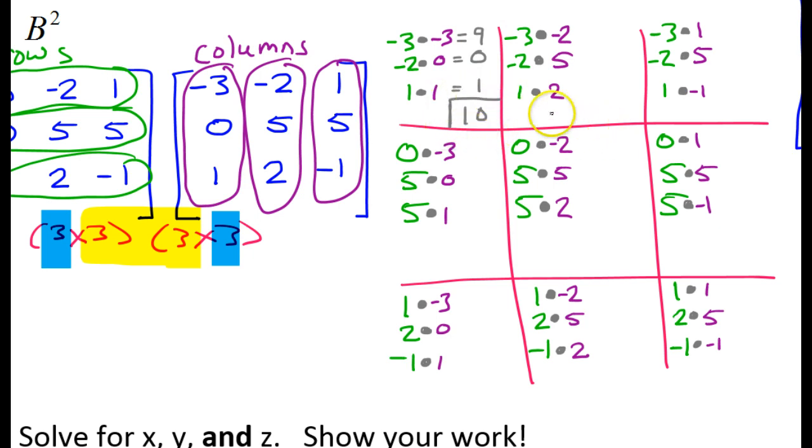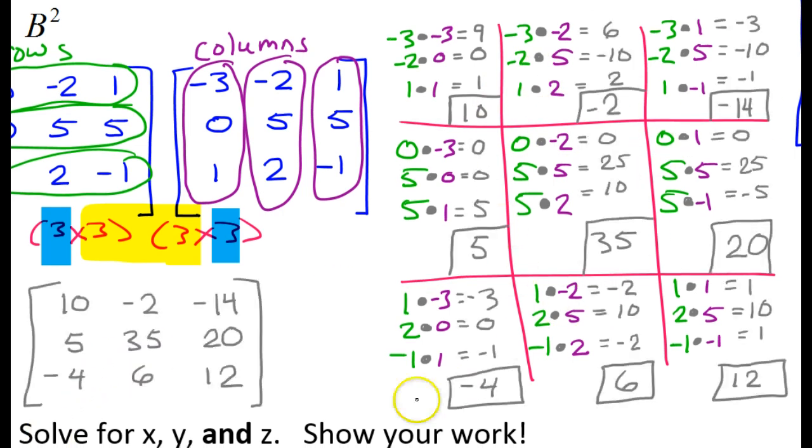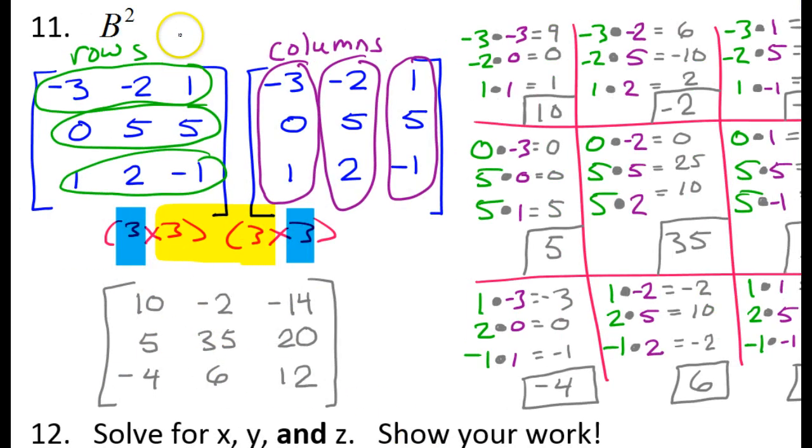So I'll do the same thing with the rest of these. As you can see, these are the rest of the answers that I got. And these numbers in the boxes make up the final answer, which I have rewritten here. So this matrix right here is B squared, B times B.